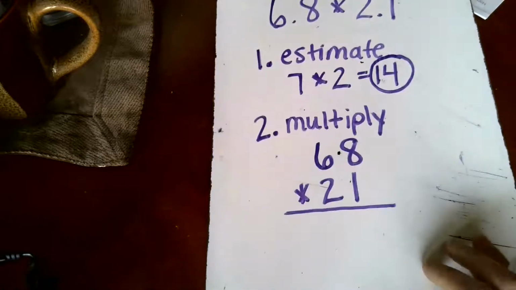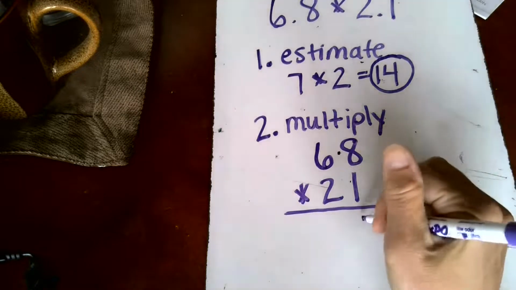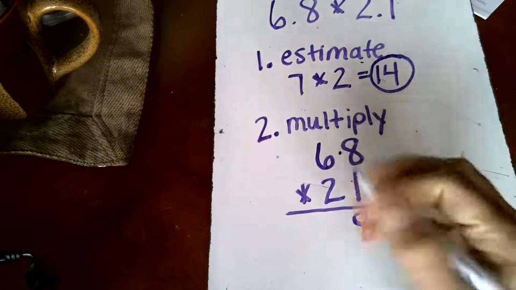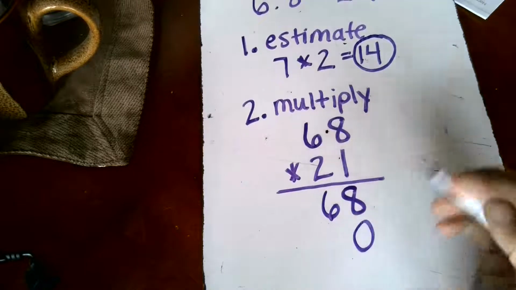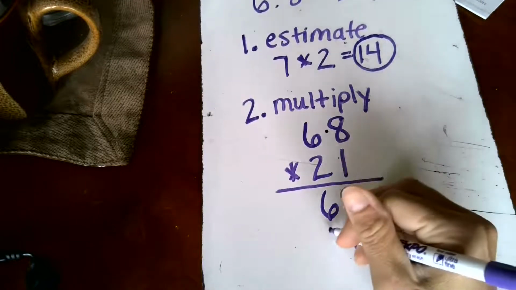So now we can go through and multiply. Hit pause on the video and go ahead and multiply this through. All right, so I'm going to quickly go through each row. 1 times 8 is 8. 1 times 6 is 6. So your top row should be 68. I'm going to add my 0 because that 2 represents 20. 2 times 8 is 16.